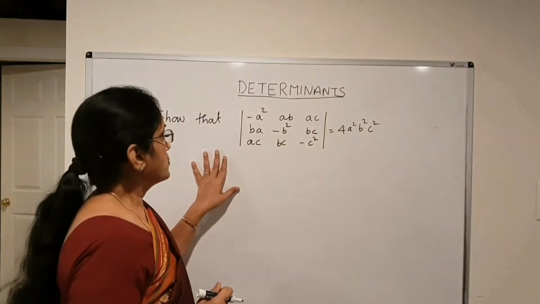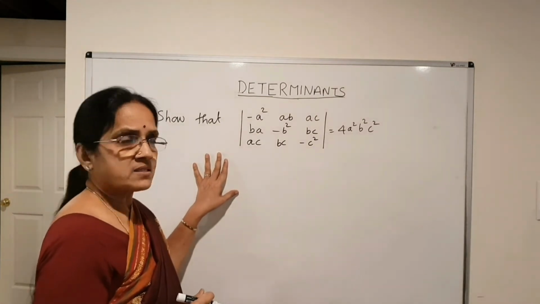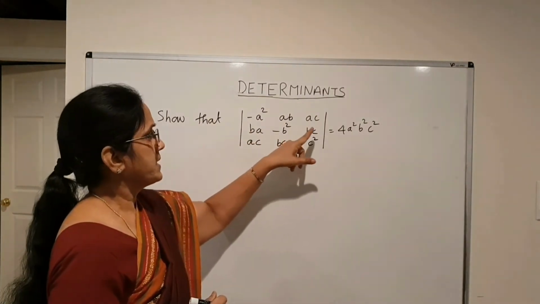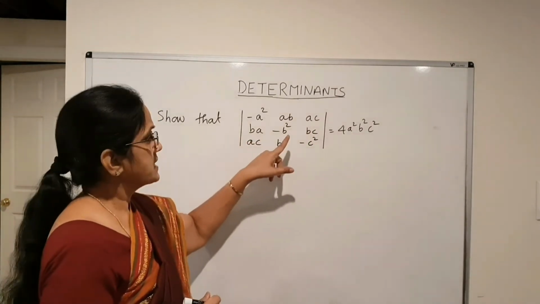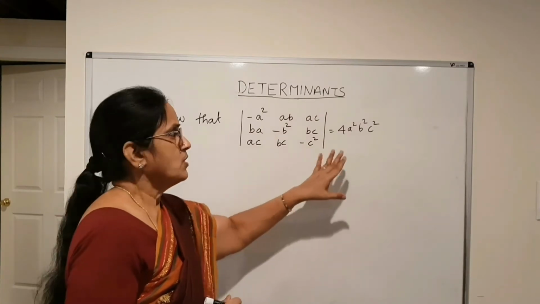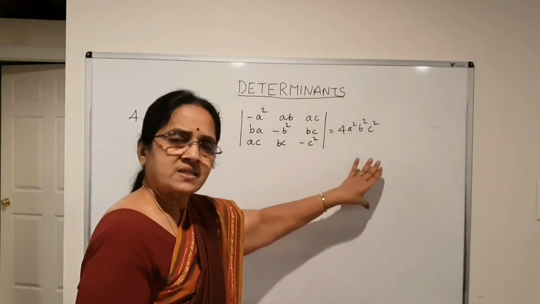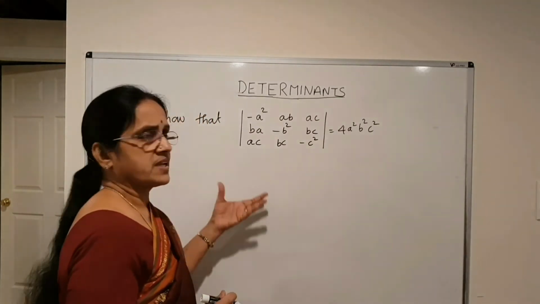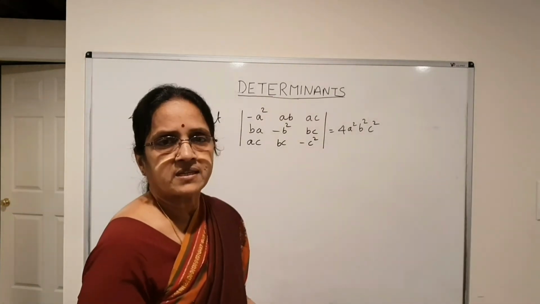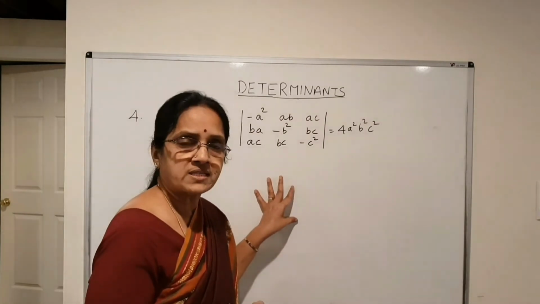Here, using the properties of the determinants, you need to show that determinant minus a square, ab, ac, ba, minus b square, bc, ac, bc, minus c square, equal to 4a square b square c square. This question is taken from NCERT textbook. Also, in 2011, the same question was asked in the board examination.